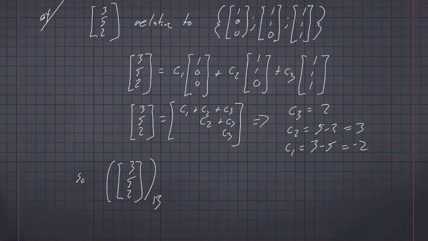So the representation of 3, 5, 2 relative to this basis B is the ordered triple negative 2, 3, positive 2.